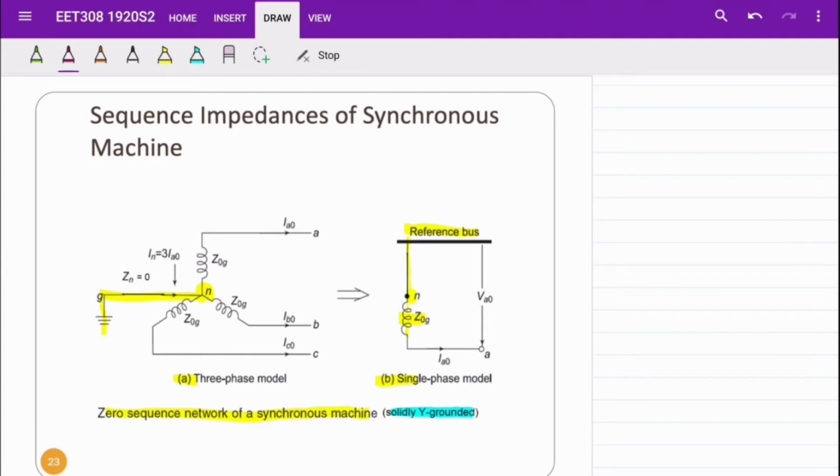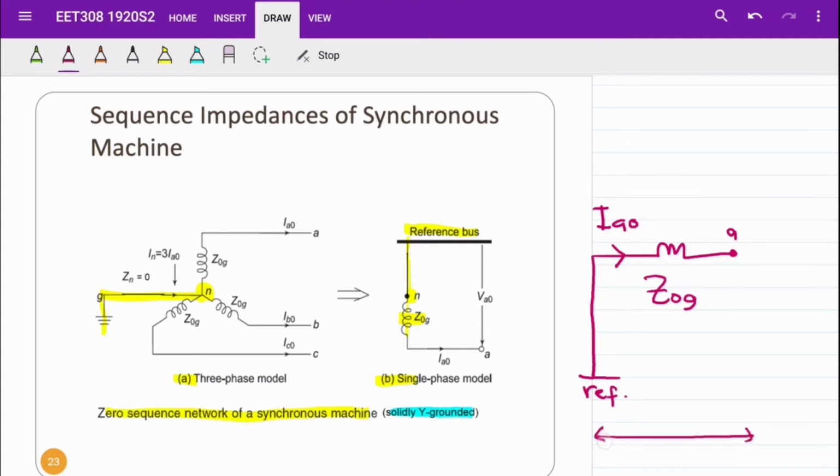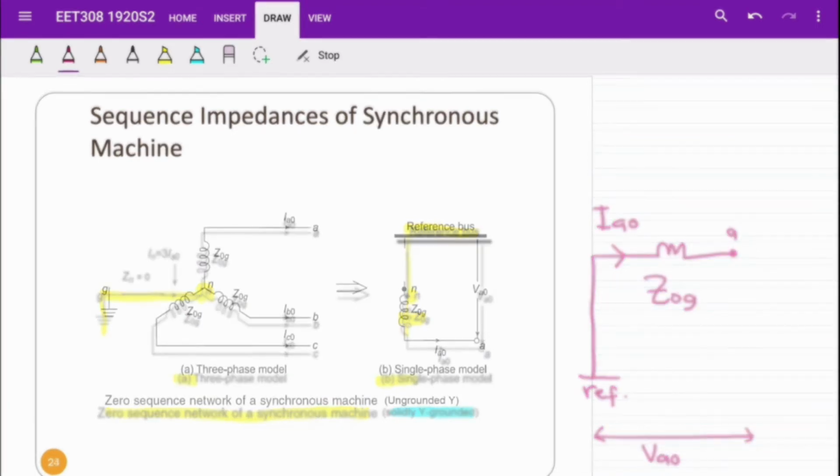In the single-phase equivalent circuit, we have the zero-sequence impedance of the generator Z0G connected to the reference bus, and it is also connected to node A or phase A. And then the current that flows into the circuit is IA0, and the voltage potential between the reference point and node A is VA0.